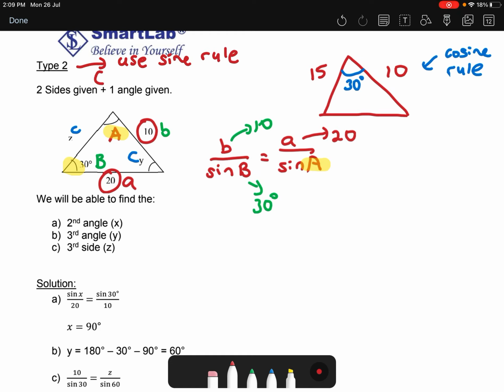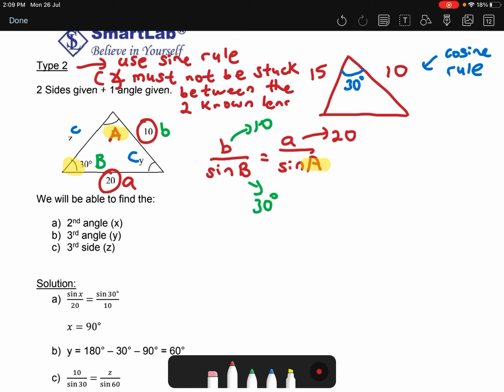Okay, the angle must not be stuck between the two known lengths. Okay, so yeah, just take note of that.